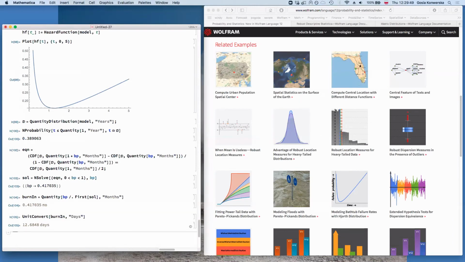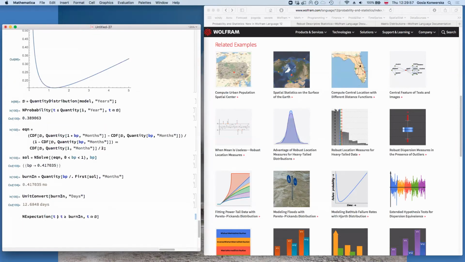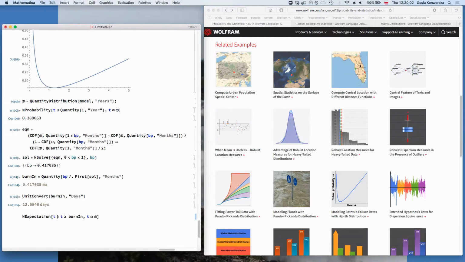So that's 12 days. And another good question is, what's the expected lifetime of the equipment after it survived the burning period? So this is a conditional expectation, and you can see here that we have expectation of t under the condition that t is greater than our burning period, and t distributed according to our quantile distribution model.